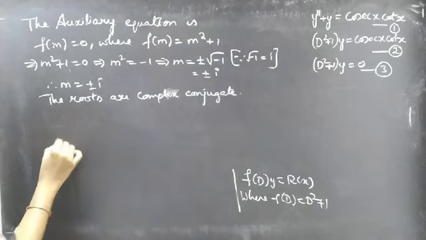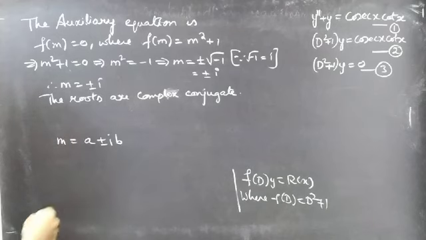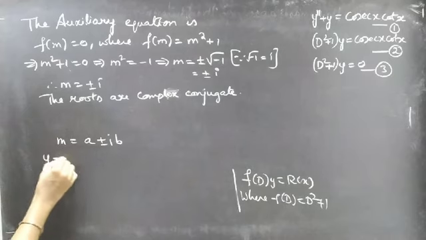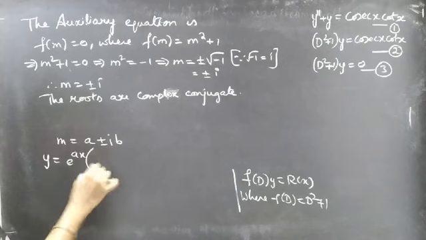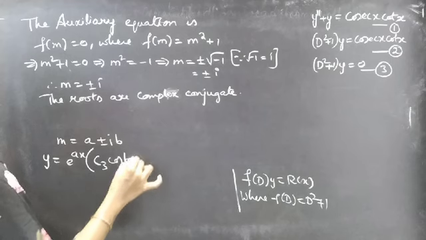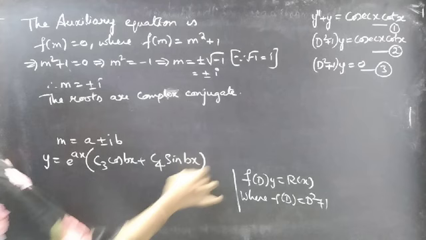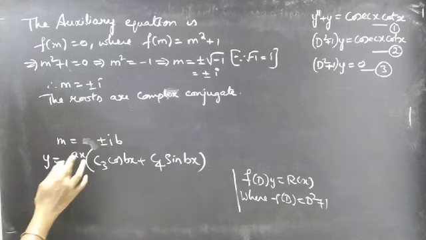We know that when m equal to a plus or minus i b are the roots of an auxiliary equation, then the solution of the homogeneous equation will be y equal to e power ax into some constant into cos bx plus another constant into sin bx. So when a equals 0, we'll get e power 0 into x, right?